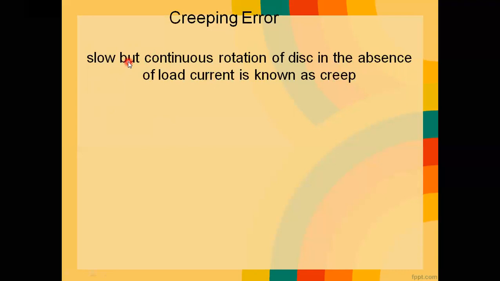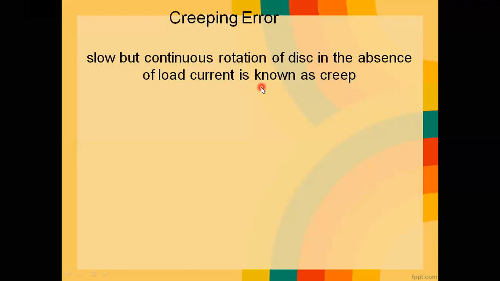Creeping error. Creeping means slow but continuous rotation. Creeping error reflects in this way in an induction type single phase energy meter. It resembles something like this. There will be slow but continuous rotation of the disk in the absence of load current.